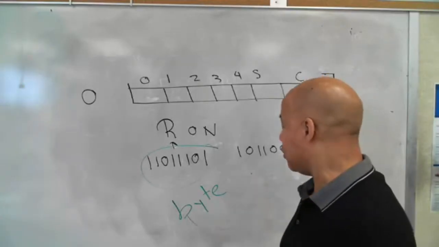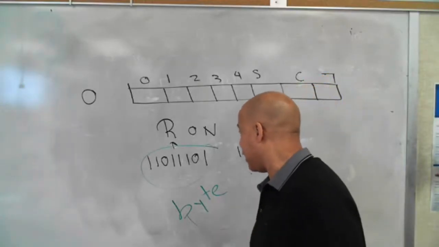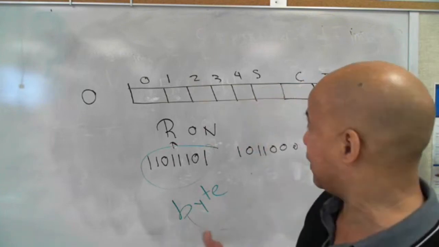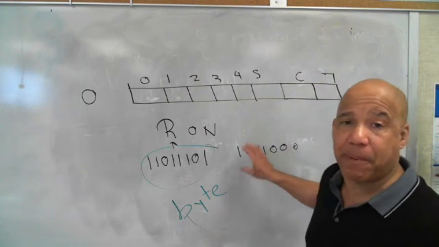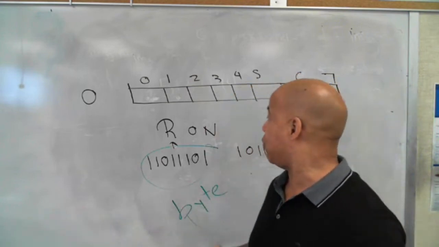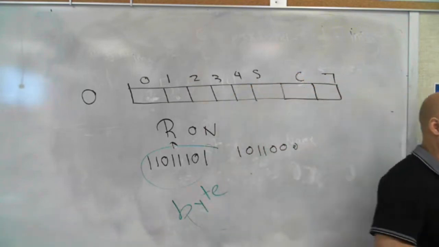In PLCs, you can actually access individual bits. That's a huge difference between a regular PC or digital device and a PLC. The fact that PLCs are bit oriented is one reason they can do what they do. And this will make more sense as we proceed through the slide.